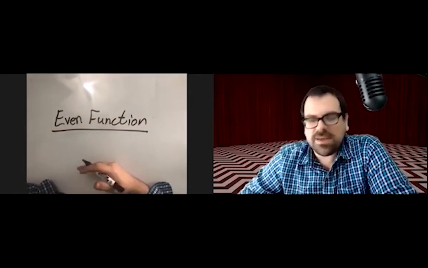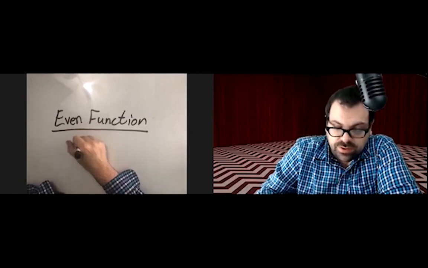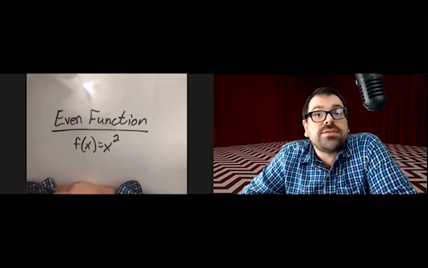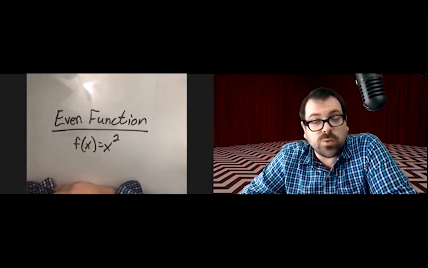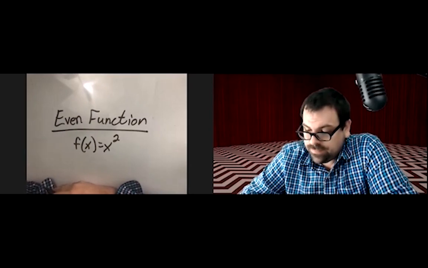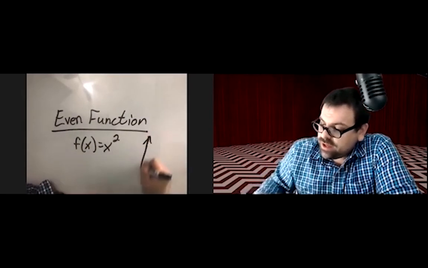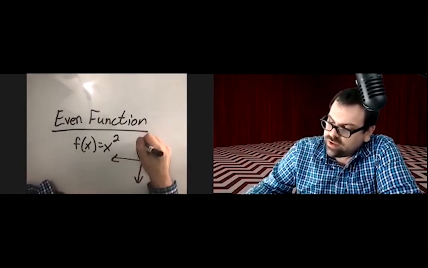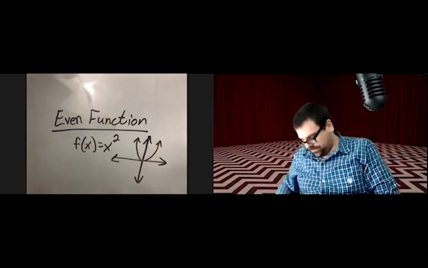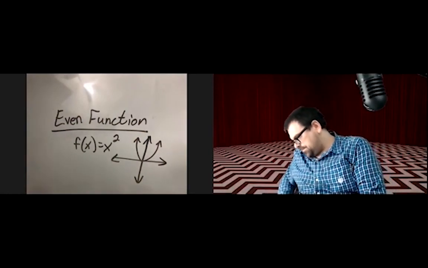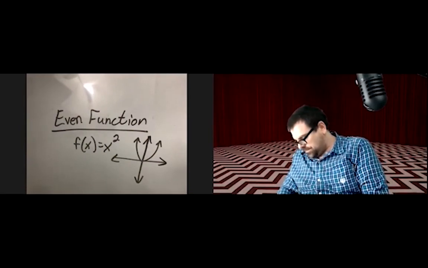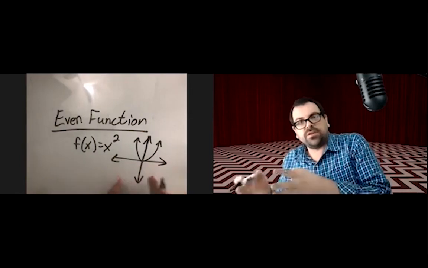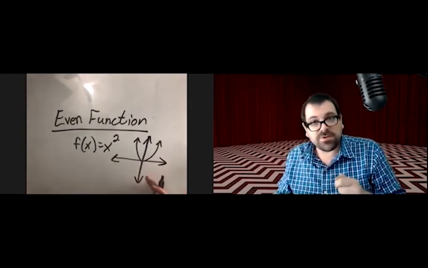The most basic example of an even function is f of x equals x squared. F of x equals x squared, we know, is your friendly neighborhood parabola. This graph clearly has a specific type of symmetry.